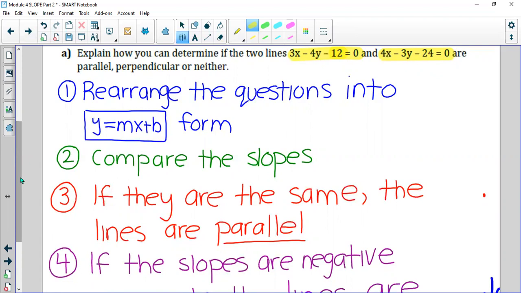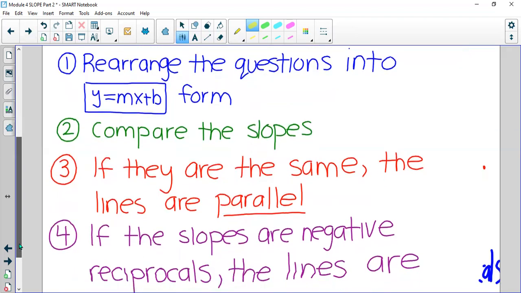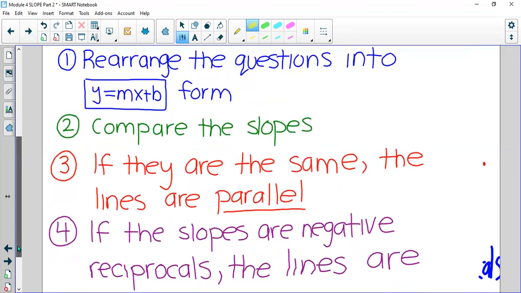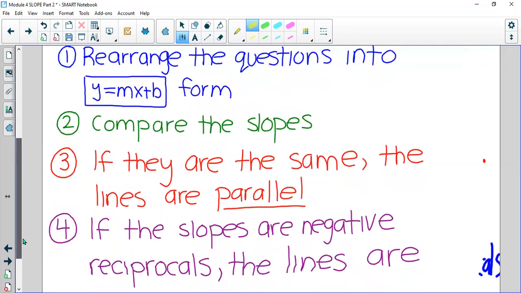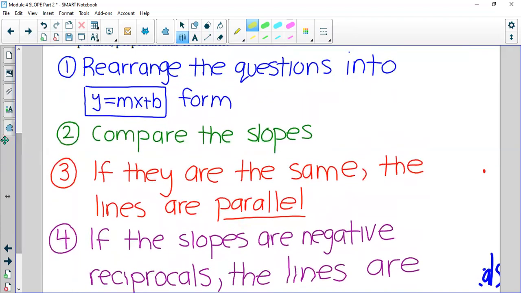So these are the steps. Rearrange the equation into y is equal to mx plus b form. Then we compare the slopes. If they are the same, the lines are parallel. If the slopes are negative reciprocals, the lines are going to be perpendicular.